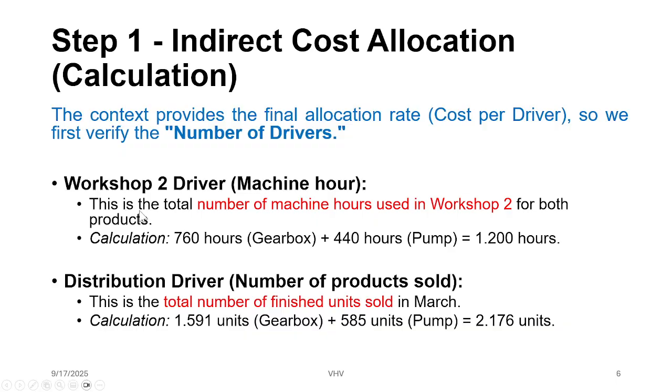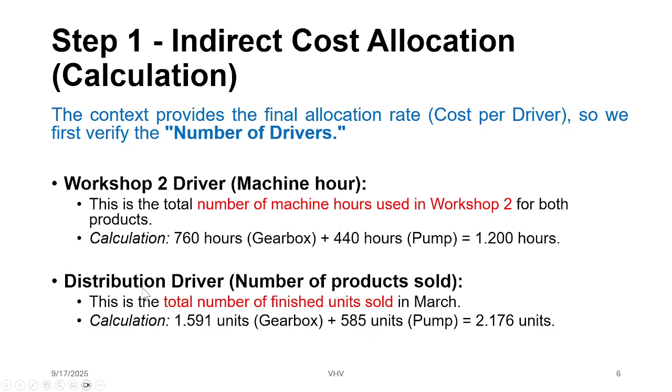Now for workshop 2, the cost driver is machine hours. For the gearbox, 760 hours were used, and for the pump, 440 hours were used. The total driver quantity is therefore 760 hours plus 440 hours, which is 1,200 machine hours.